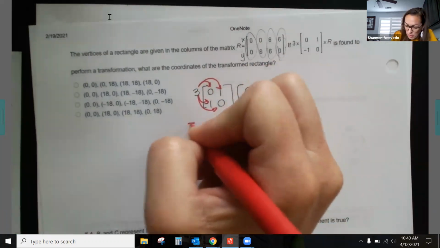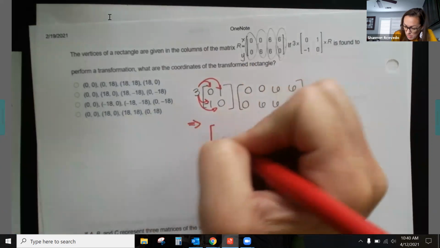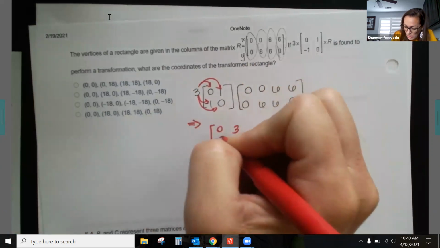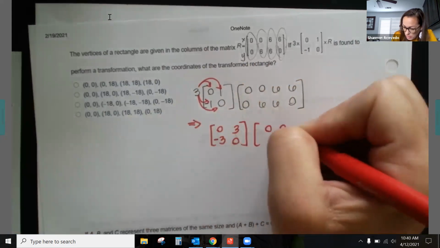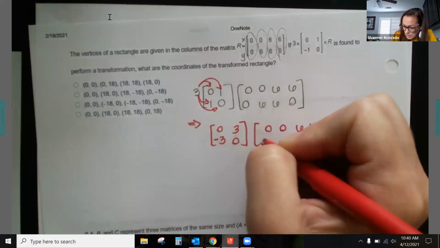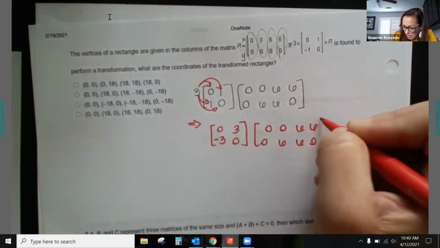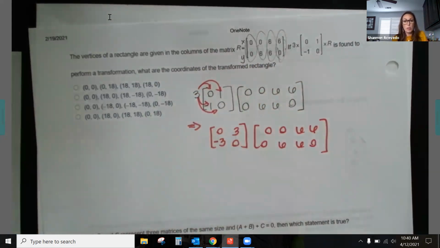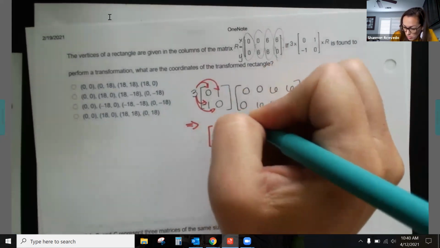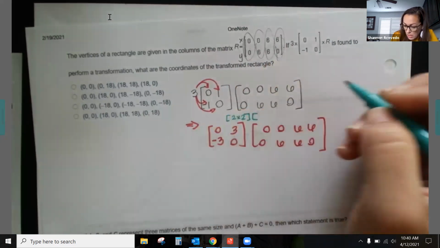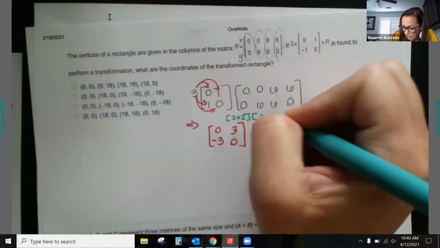So I'm going to end up with then [0, 3; -3, 0]. And then I still have my [0, 0, 6, 6; 0, 6, 6, 0]. So I need to multiply these two. In order to multiply them, remember the dimensions. So this is a 2 by 2, and this is a 2 by 4.